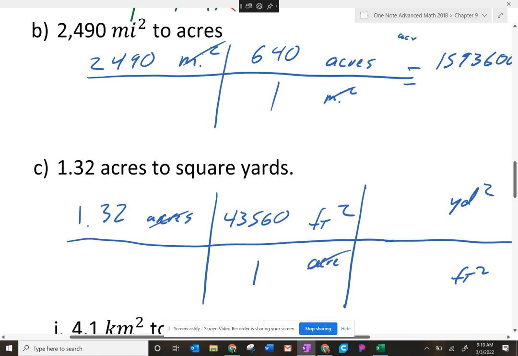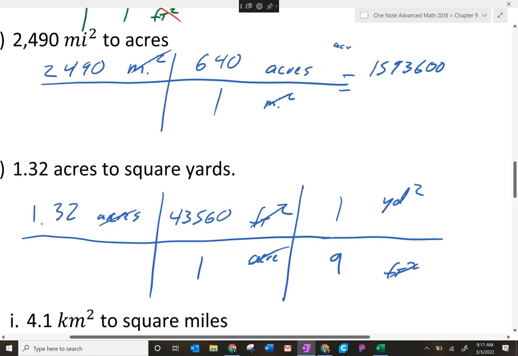Those labels cancel out. And then feet to yards, 1 square yard is 9 square feet. Those labels cancel each other out. And now we multiply straight across the top and straight across the bottom.